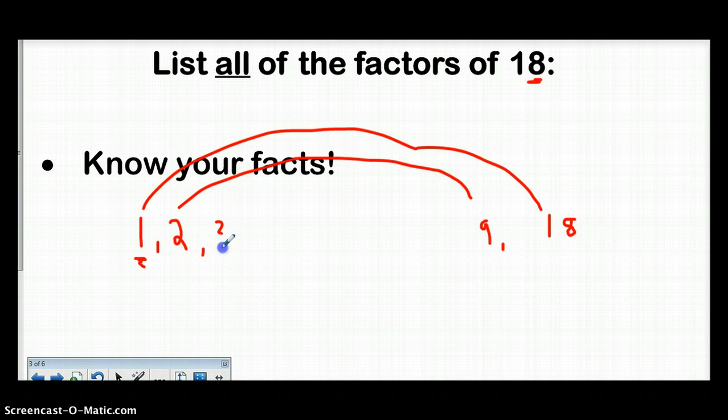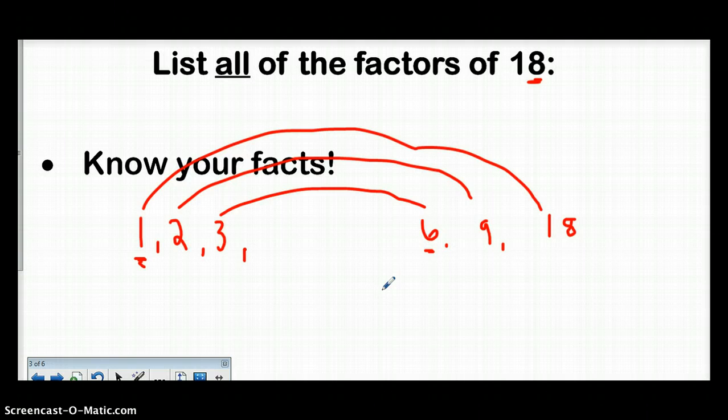I also know that 3 times 6, factor times a factor, will give me a product of 18. I know that 4 is not a factor and 5 is not a factor. And now I've arrived back here at 6, which means I can stop. I have now listed all of the factors of 18.